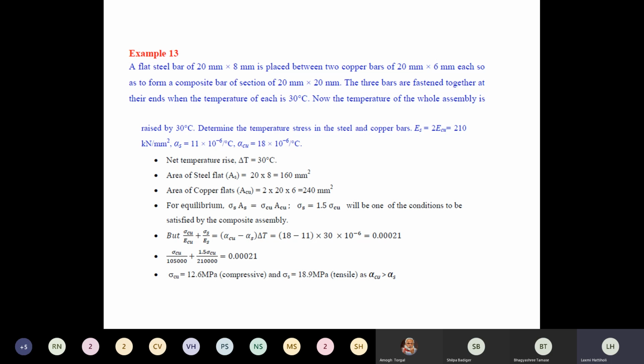I hope these temperature stresses on compound bars are understood. I also want everyone to solve one numerical example on compound bars for temperature stress for a circular section. I'll give you an example in the assignment also. Is that okay?